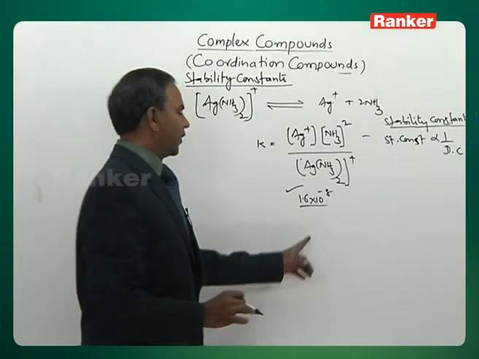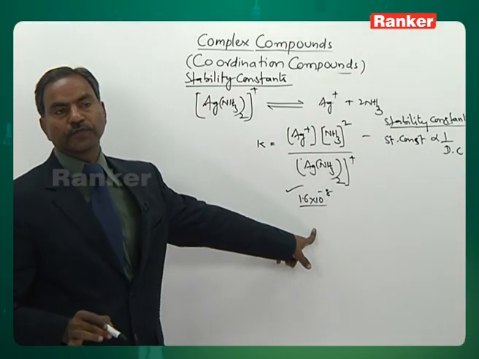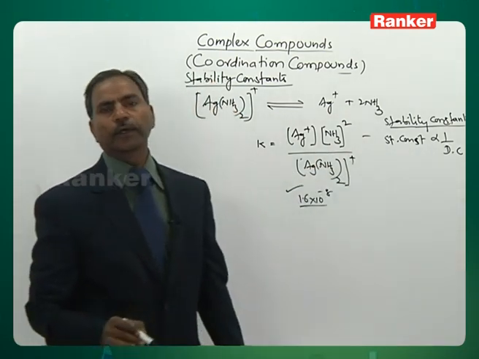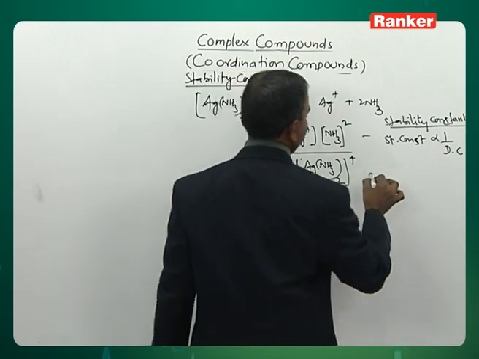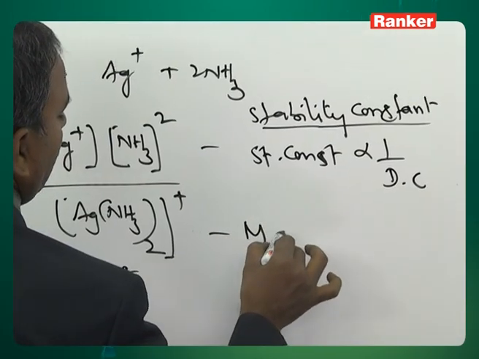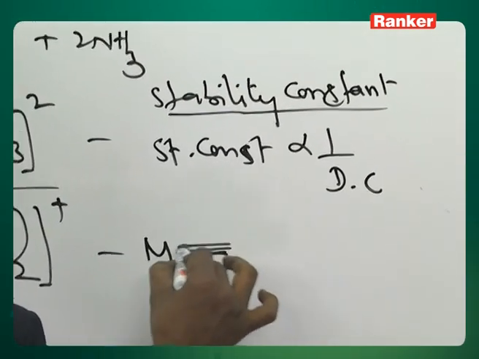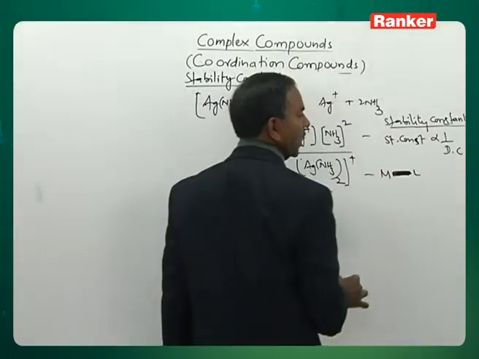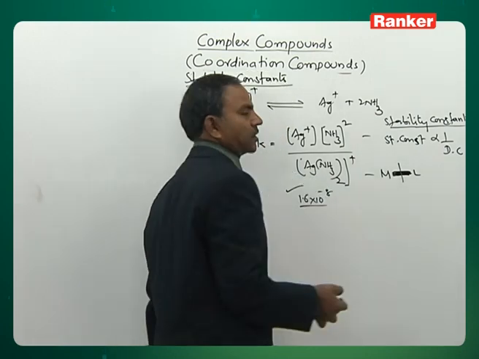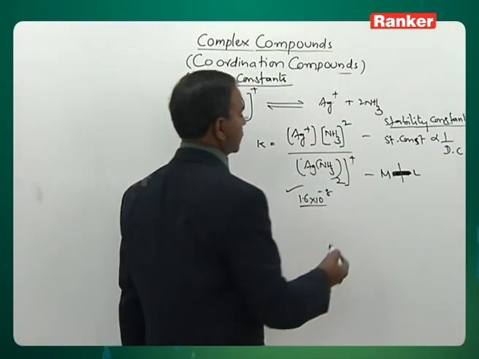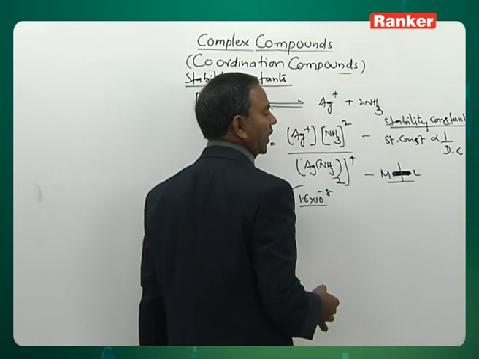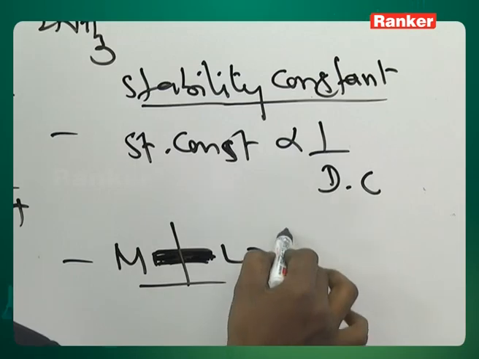When the dissociation constant is very small, stability is more. Next, it is also a measure of metal-ligand bond strength. When the metal-ligand bond strength is very high, the stability constant is very high. It also gives information about the strength of the bond between the metal and the ligand.